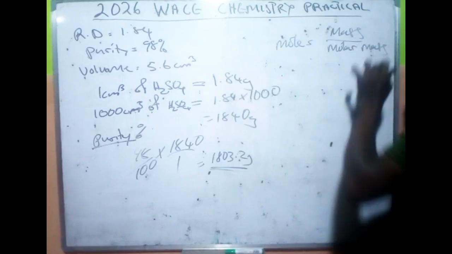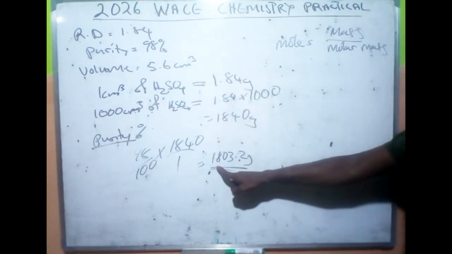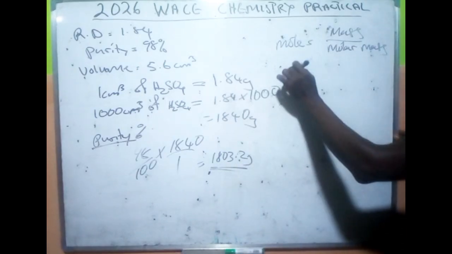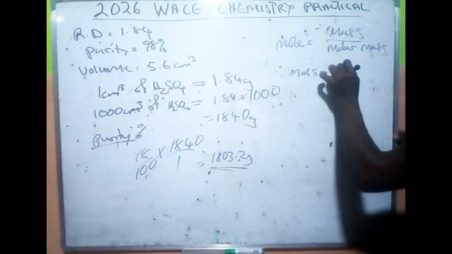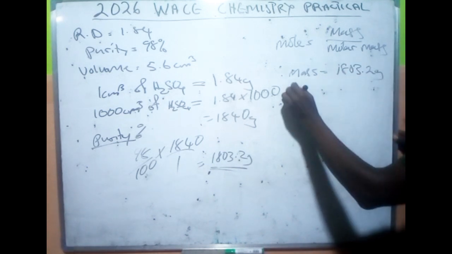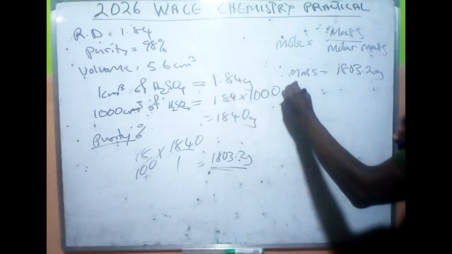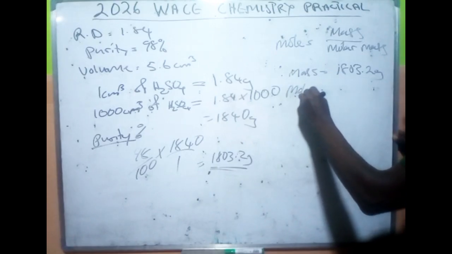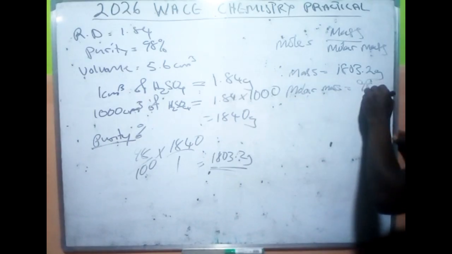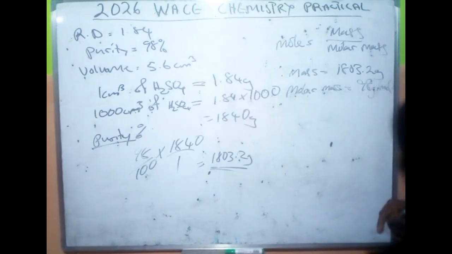Our mass is 1803.2 grams, and the molar mass of the tetraoxosulphate acid is equal to 98 gram per mole.